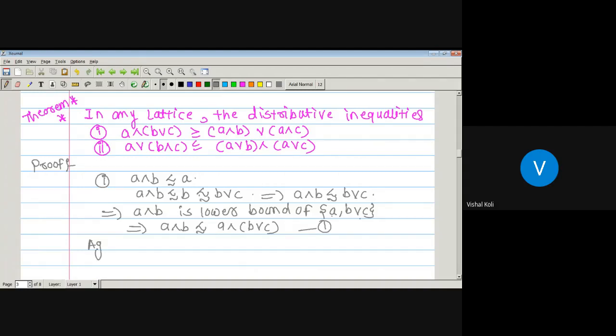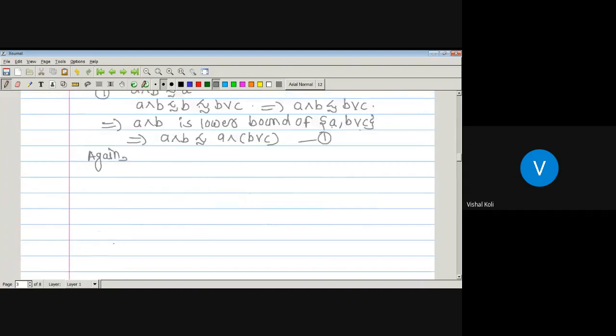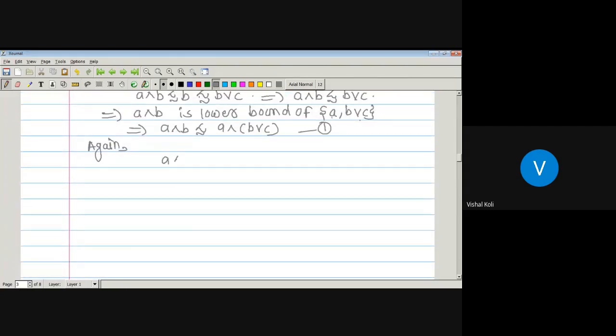Again, A meet C precedes A and A meet C precedes C also, and C precedes B join C. That is, A meet C precedes B join C. Again, just by the definition of lower bound, A meet C precedes A meet (B join C).